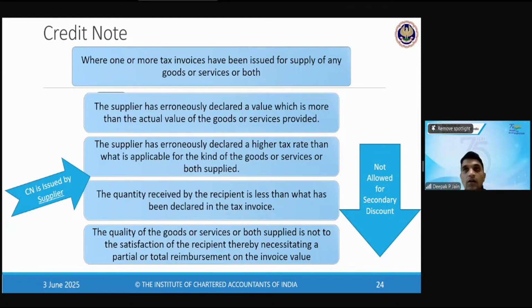But in GST law, if there is a reduction in value, then a credit note is issued, and it is always issued by the supplier. And when you have to give a discount also, we know that the conditions of credit note are there. When you have to give a discount also, you will raise a credit note, but credit note will not be allowed for secondary discount. For other discounts, it will be raised.